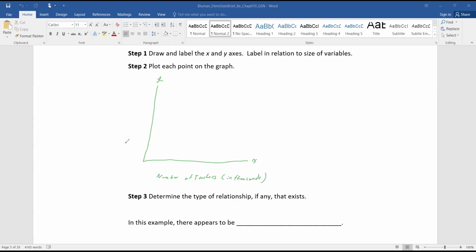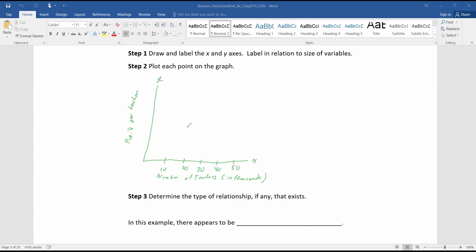And then this right here would be pupils per teacher. I see that the number of teachers ranges from 6 to 34, so I'm going to go by tens: 10, 20, 30, 40, and 50.